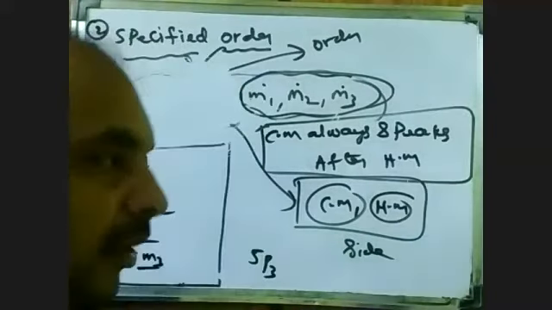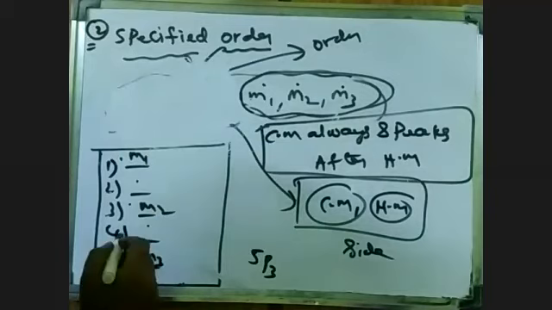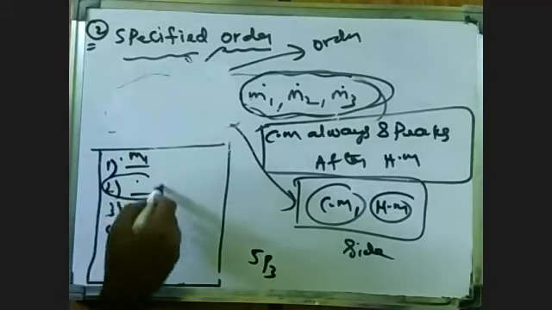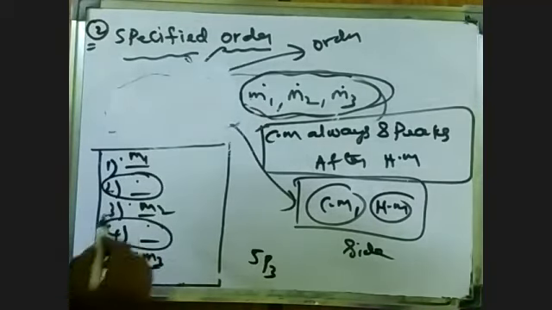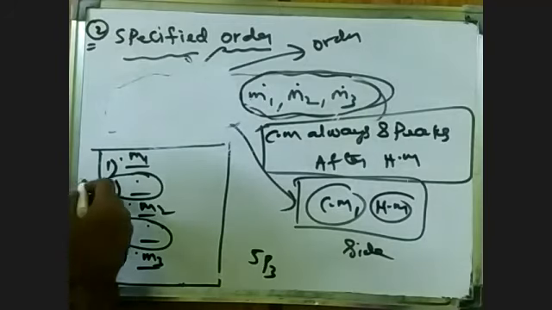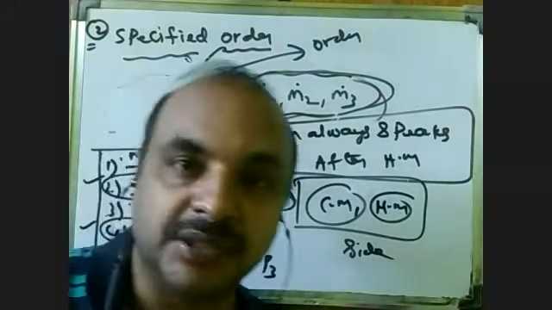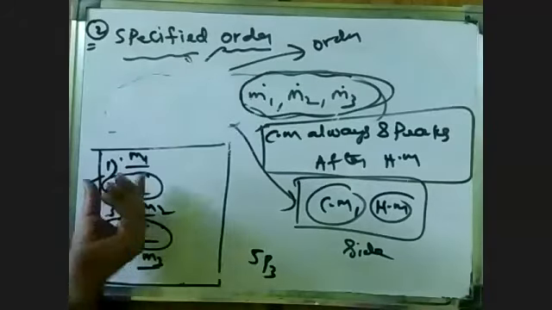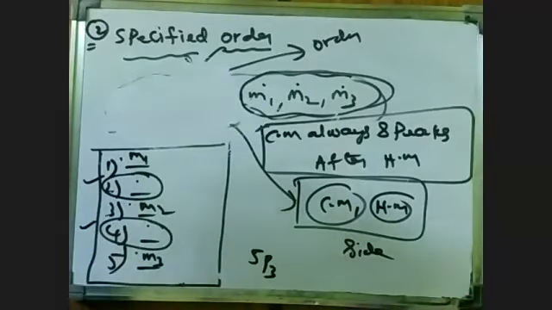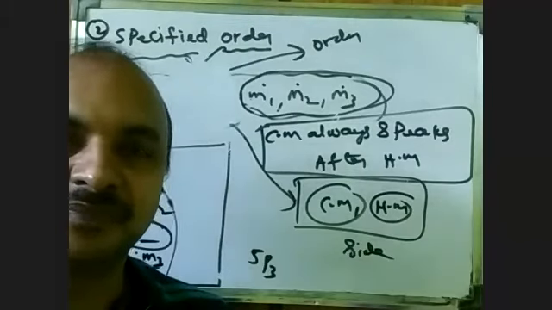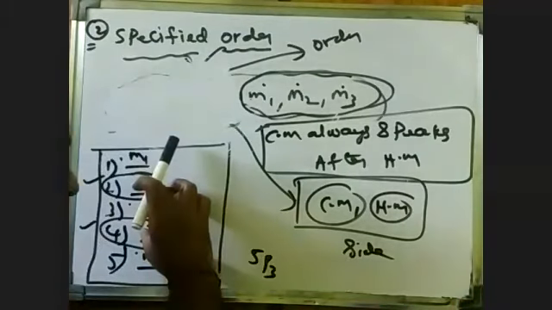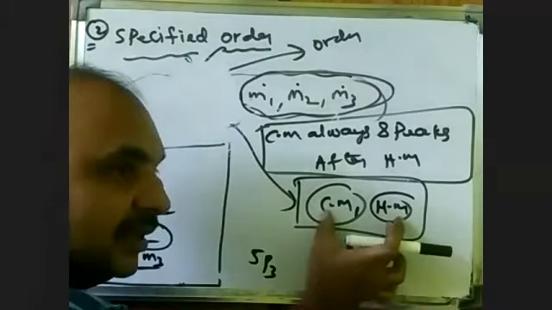Now, how many places remain empty here? 2 places. What are those? Second place and 4th place. These 2 places should be filled by CM and Home Minister.